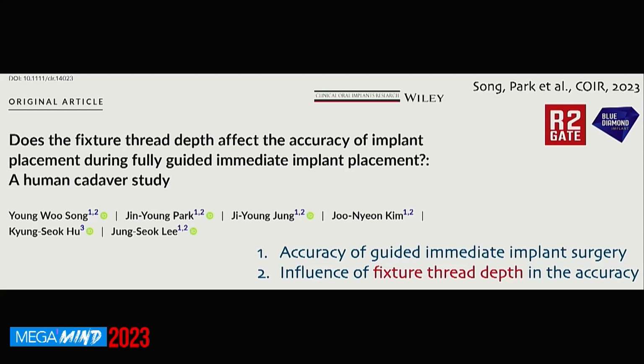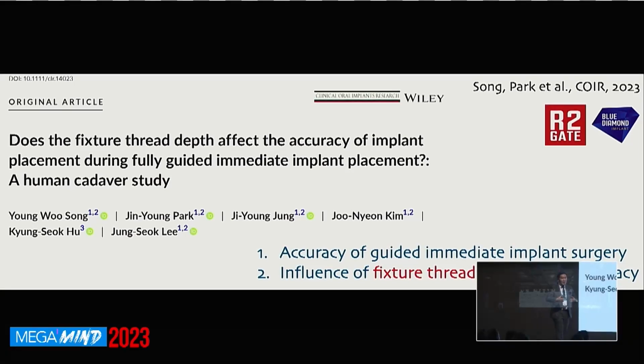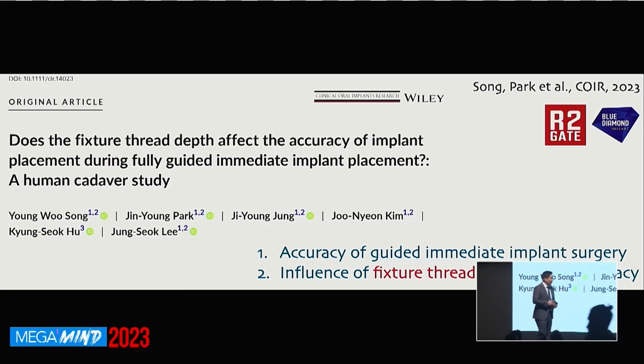In this in vitro human cadaver study, we recruited human cadaver jaws, and what we looked at was the accuracy of guided immediate implant surgery, as well as the influence of the fixture thread depth on placement accuracy.